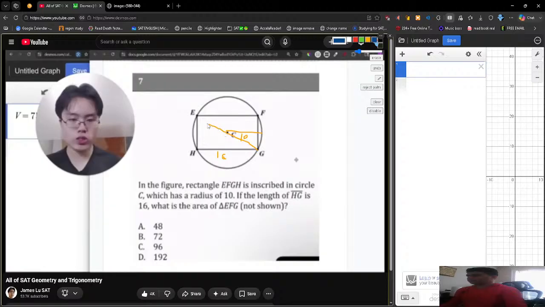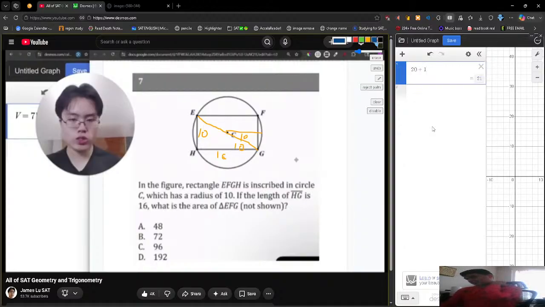Because we know the radius is 10, this is a diameter, I think they call it. So it's 10 and 10 here, making it 20. But that's not what they want. So 20 plus 16.